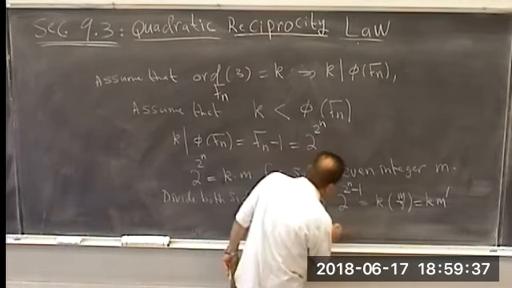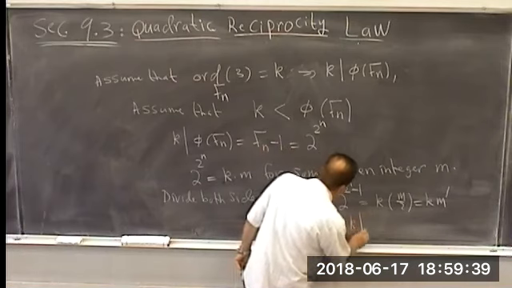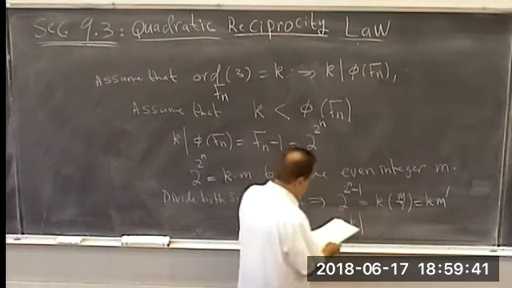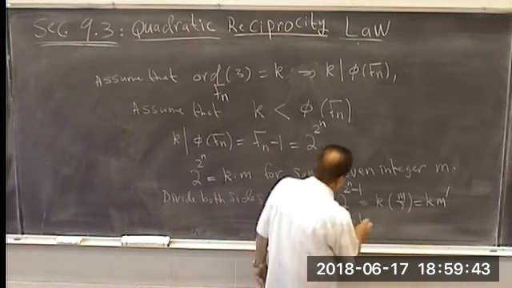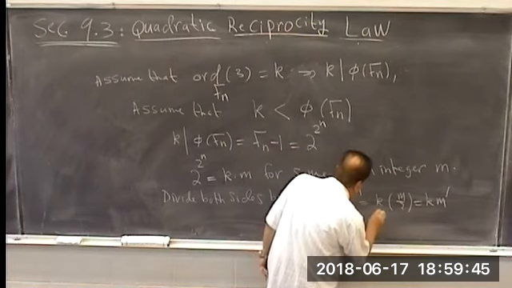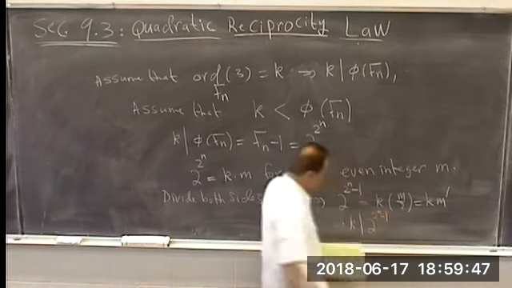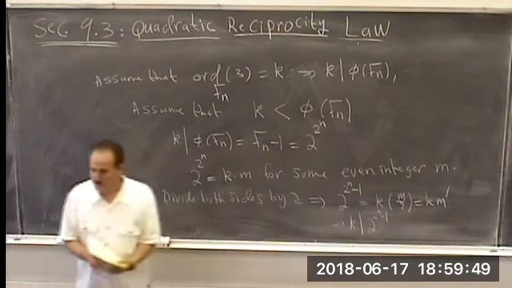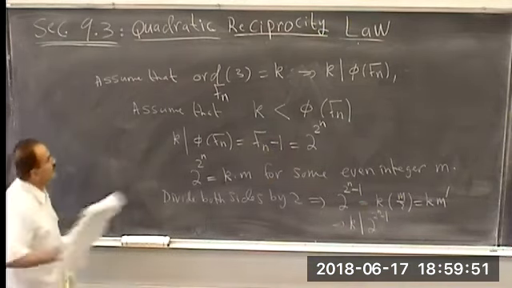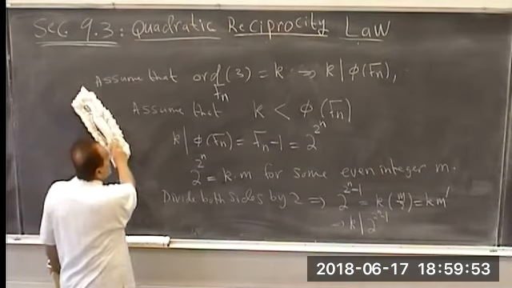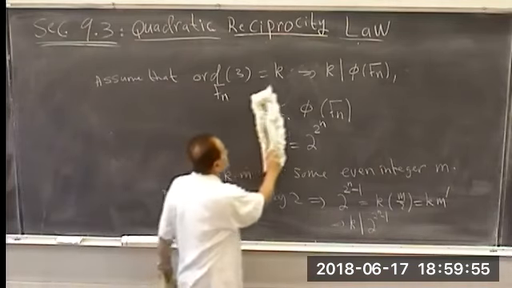This implies that k is going to divide 2 to the power 2 to the n minus 1. Let me leave all of this information in here.